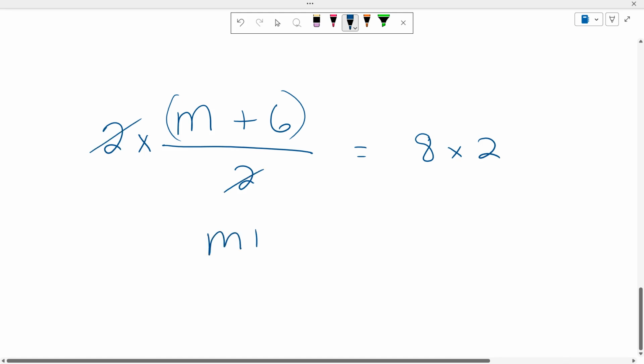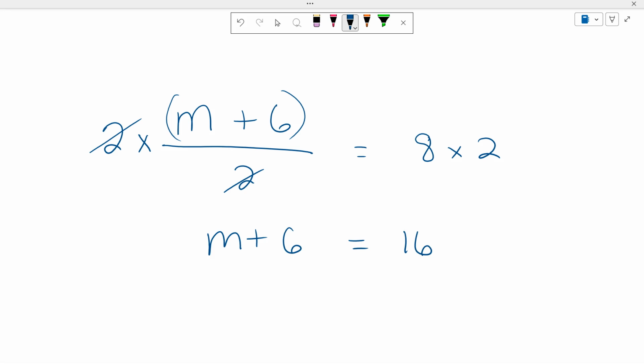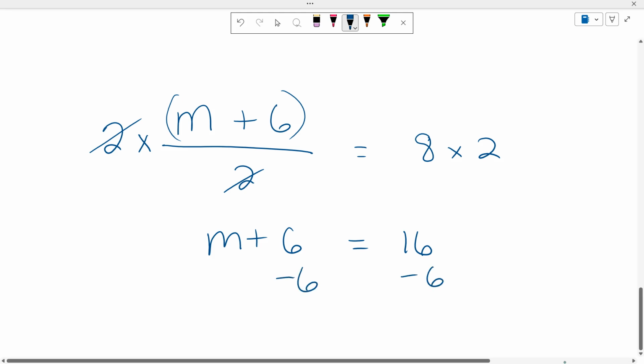So we get m plus 6 equals 16. Now, I don't need the parentheses anymore because there's only the m plus 6 left. What do I do to each side to get rid of the 6? Subtract it. So m equals 10. Okay?